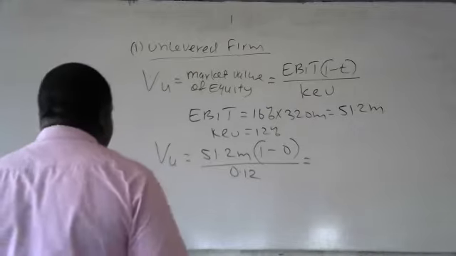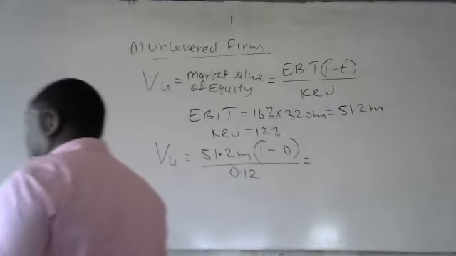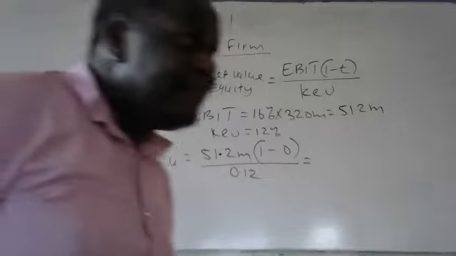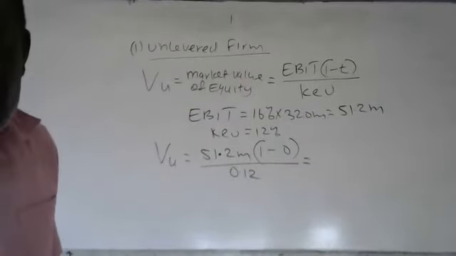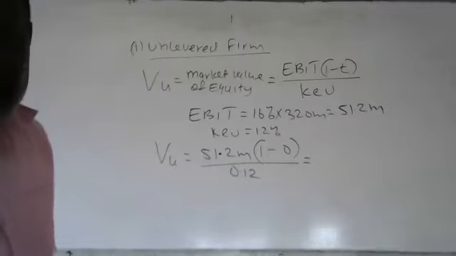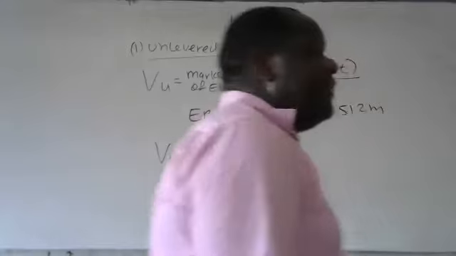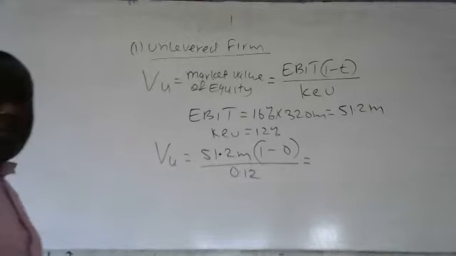It gives us 426.67 million. So that's now our Roman letter 1 for the farm when it is unlevered.